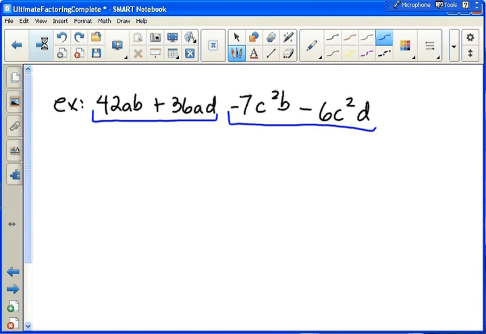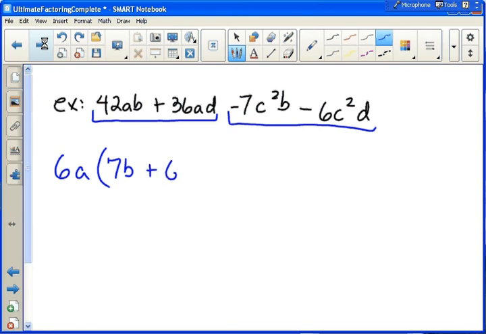I believe that 6 is the biggest number that goes into both of them. They both have an a, and that's all. They don't share a b or a d, so that should be it. So I pull 6a out of 42ab, it'll leave me with 7b. If I pull 6a out of 36ad, it'll leave me with 6d.